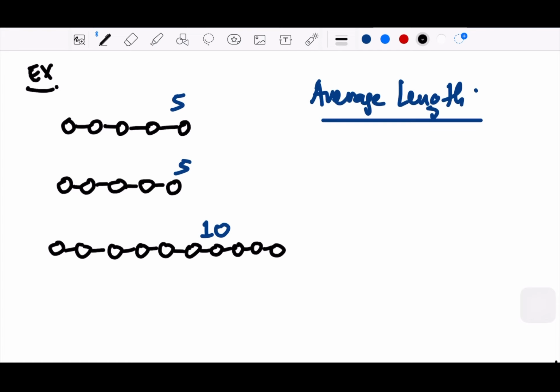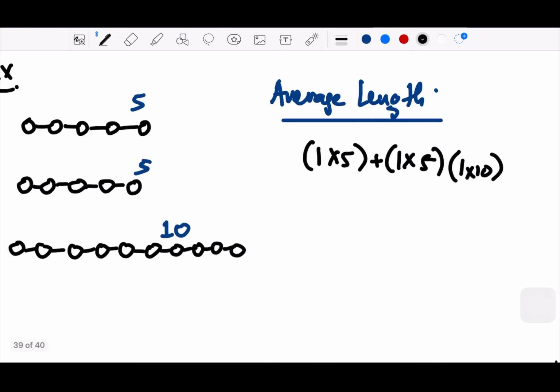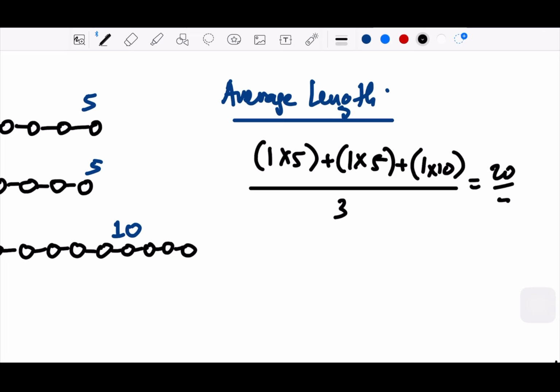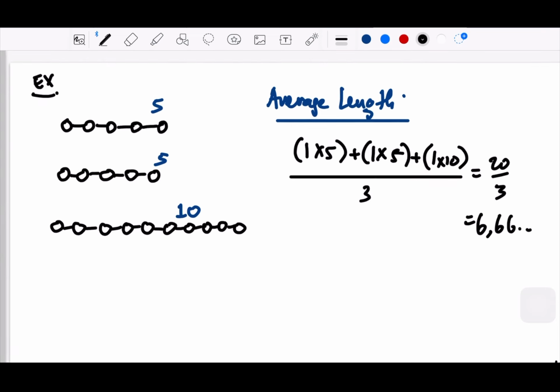Just a normal average. So it's 20 divided by 3, which is about 6.66, right?